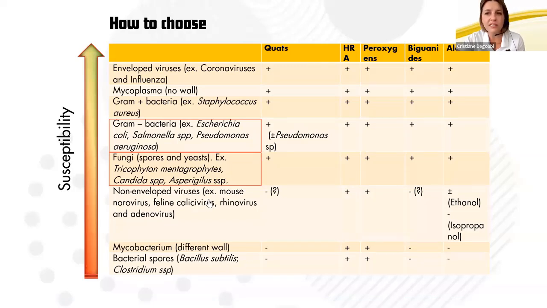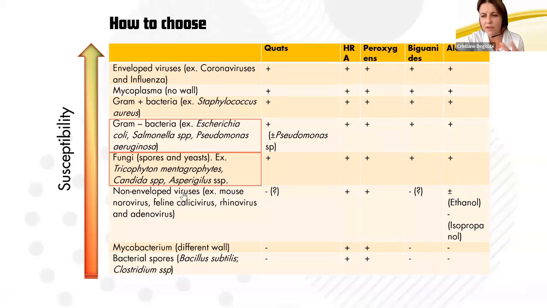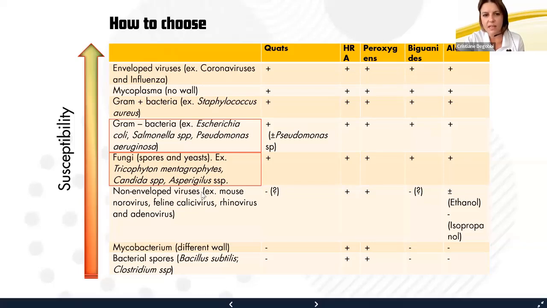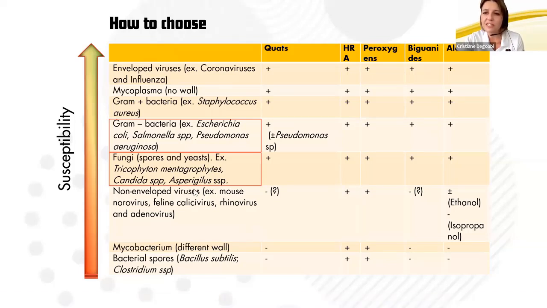The human norovirus is a little bit difficult to test in terms of the laboratory methodology that you need to use. So this is why the manufacturers choose to test against other types of viruses. But that's okay. If you read this on the label or SDS, it means that it's going to work against human norovirus and it's going to work against a lot of non-enveloped viruses, because norovirus is one virus that is not easy to inactivate.